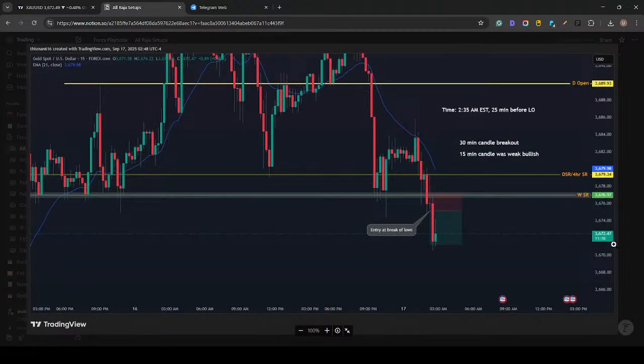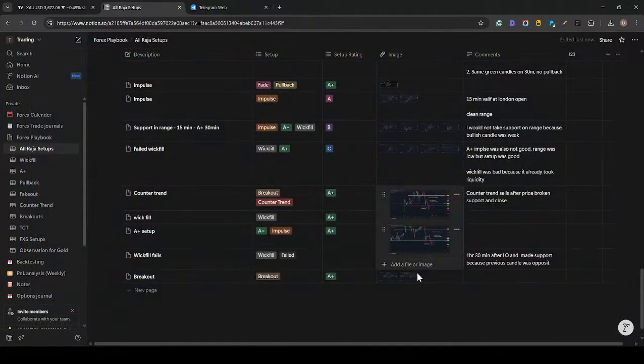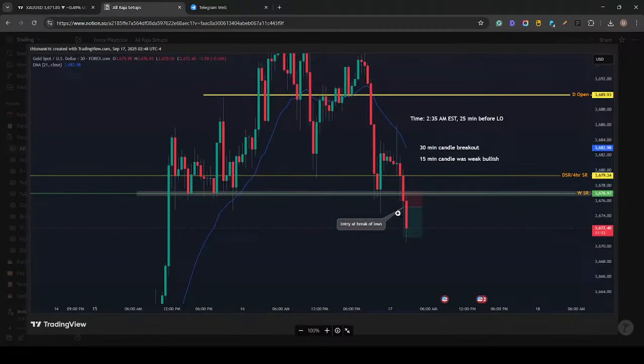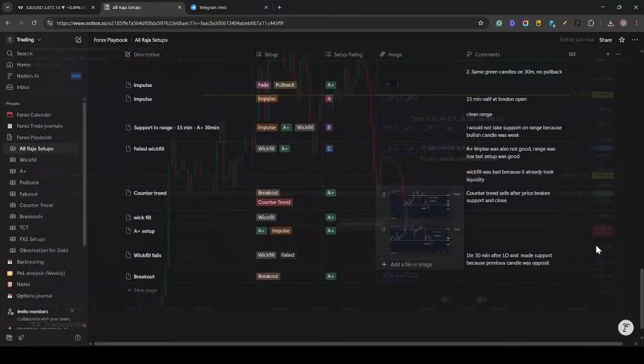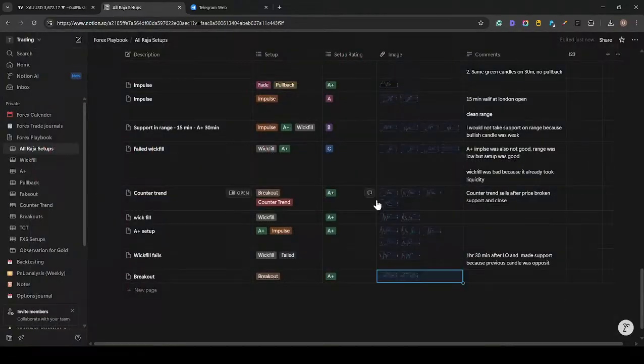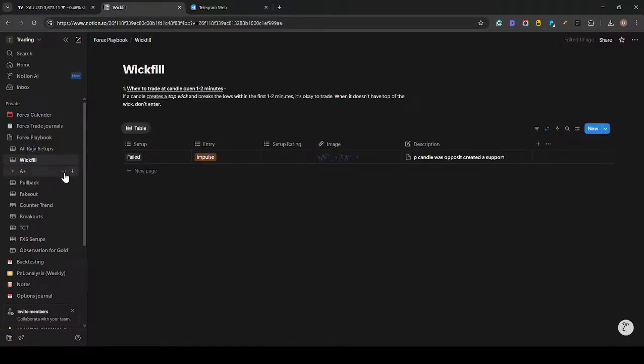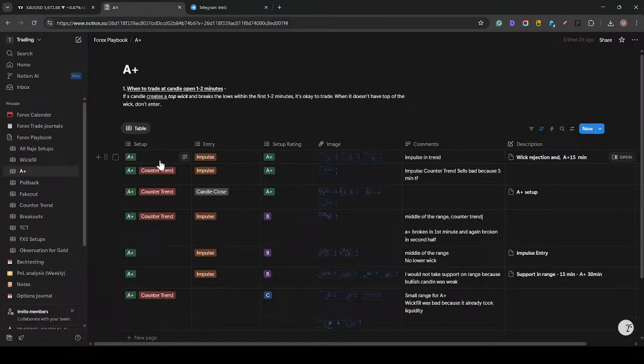Now I know if the second time this setup prints, I have everything with me. I know how the 15-minute looks, how the 30-minute looks, right? I have data with me. So I can take this trade. How to look for breakouts, A plus breakout. I have noted down each and every setup, broken down.